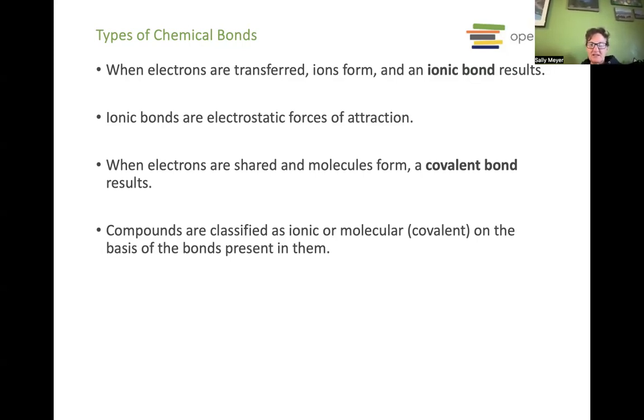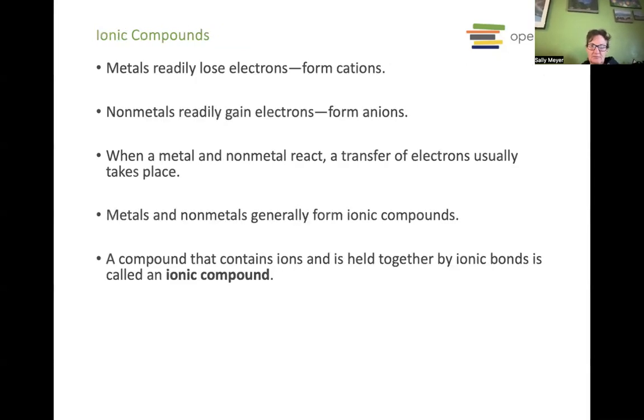So compounds are classified as ionic or molecular. Covalent and molecular are synonymous, and it's on the basis of the bonds that are present in them. Ionic compounds are usually formed from metals and nonmetals, because for metals, it's easy to lose electrons and form cations.